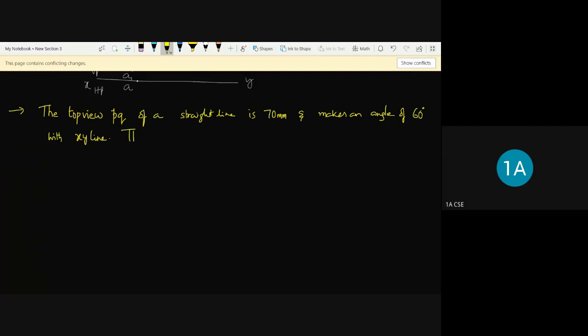The end Q is 10 mm in front of VP and 30 mm above HP.